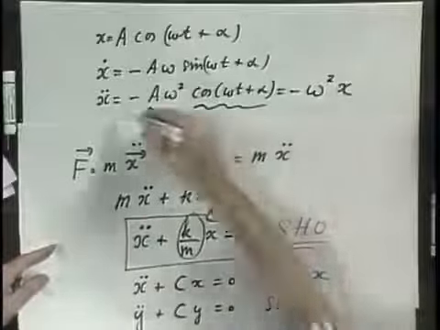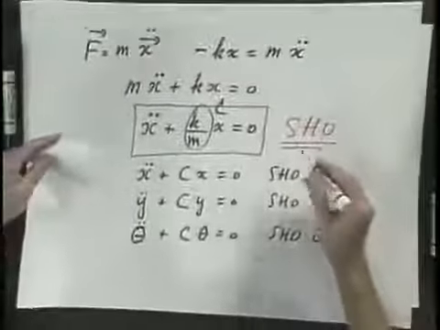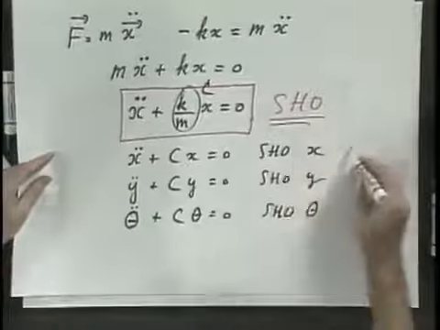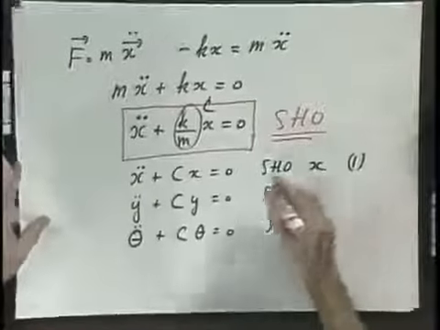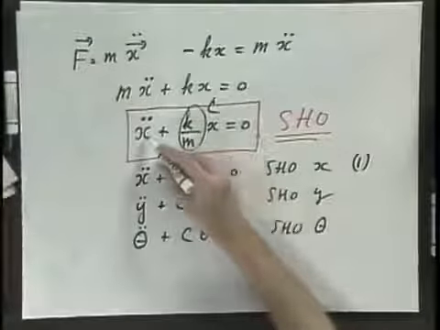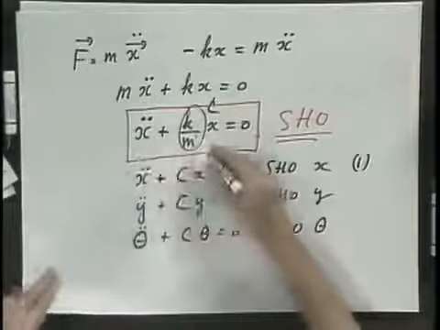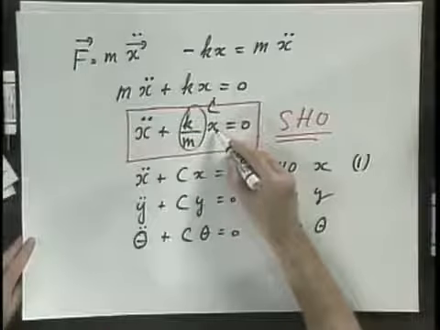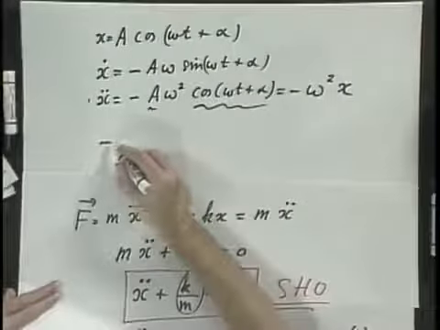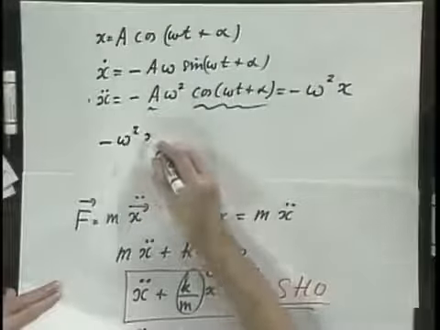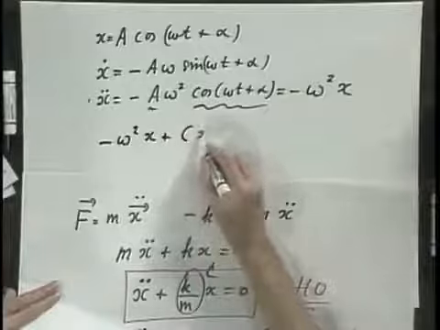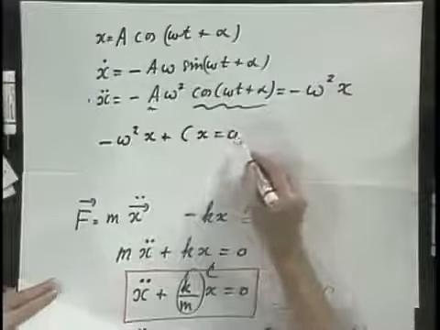And I will substitute this result now in this equation. I'll call this equation number 1. So I have to substitute x double dot, and then I have plus Cx. What is x double dot? That is minus omega squared x plus Cx equals 0.